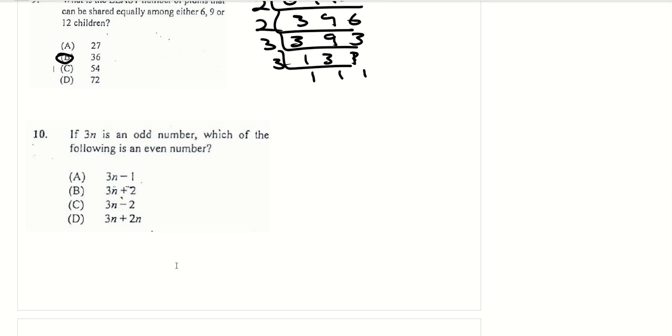If 3n is an odd number, which of the following is an even number? Let's choose an odd number, 15. 15 minus 1, you'll get an even number, 14. 15 plus 2 is 17, so you know this is out. 15 minus 2 is 13, so you know this is out.